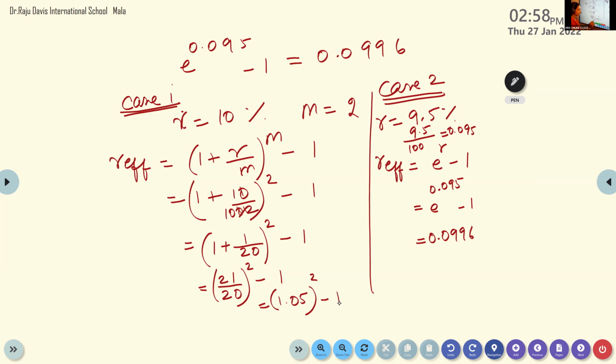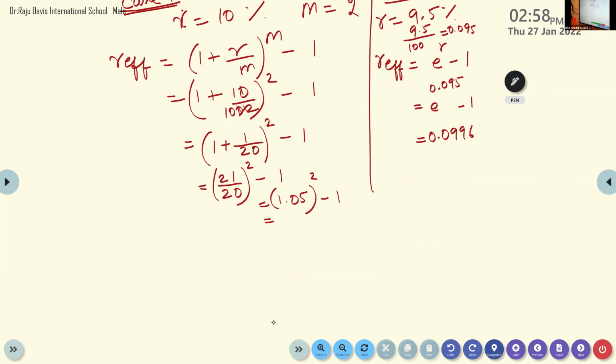So when you square it, what is 1.05 squared?